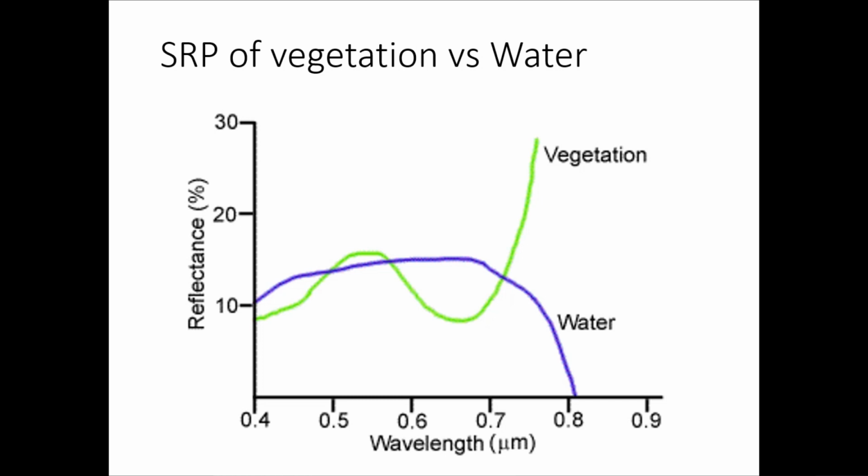Leaves appear green because they have high reflectance in the intermediate visible wavelengths. The shorter and longer wavelengths in the visible range are absorbed by chlorophyll, and above that there is high reflectance for vegetation, right? So we saw this pattern yesterday.